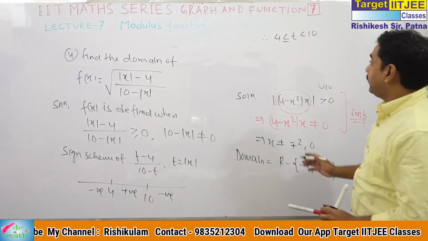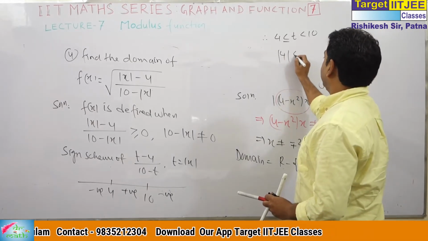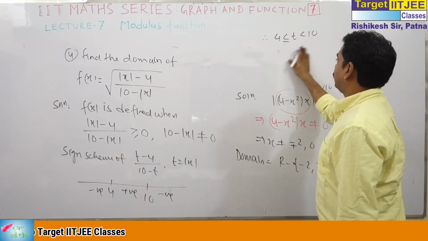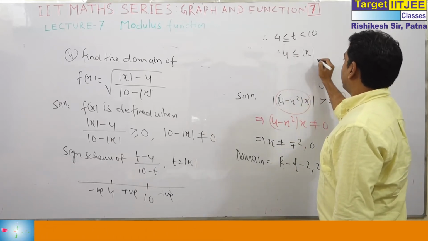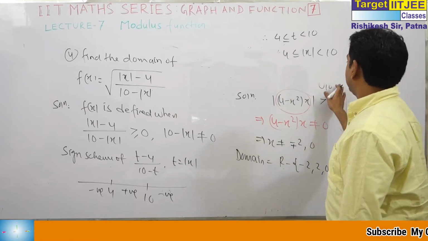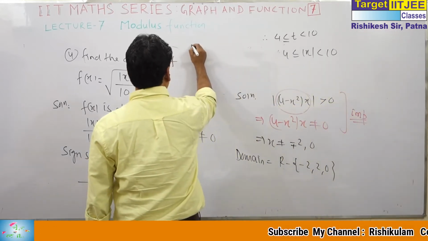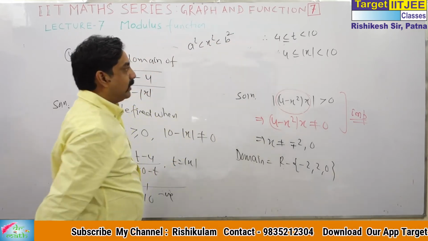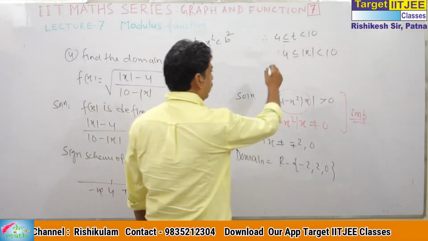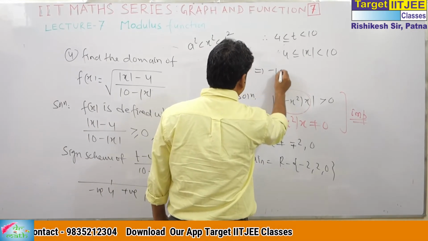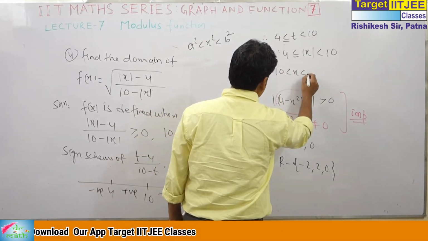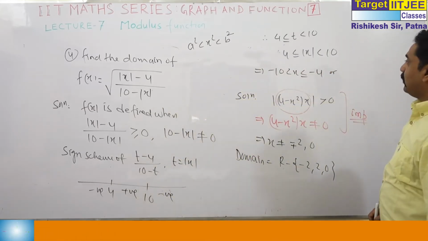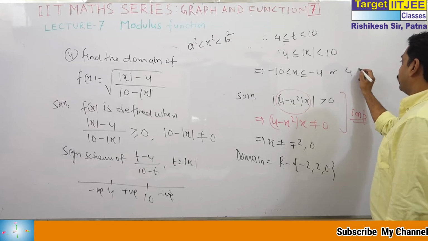From there, we can say that actually mod 4 is less than or equal to mod x, which is less than 10. And what is the solution? Do it like this: a square less than x square less than b square. What if we do this? We can say this lies from minus 10 to minus 4, or 4 to 10.